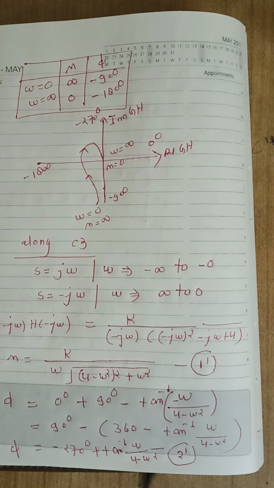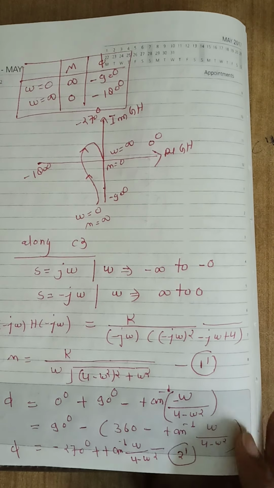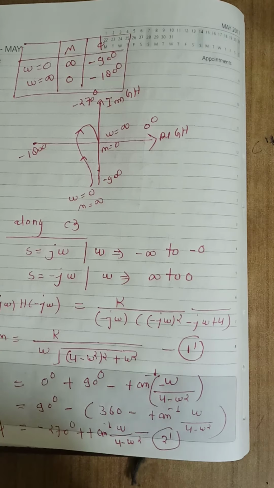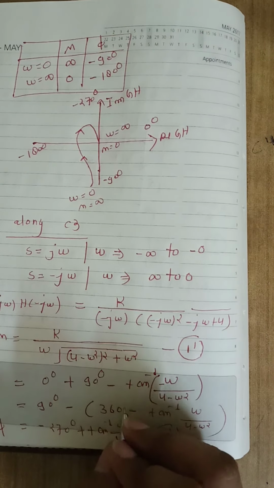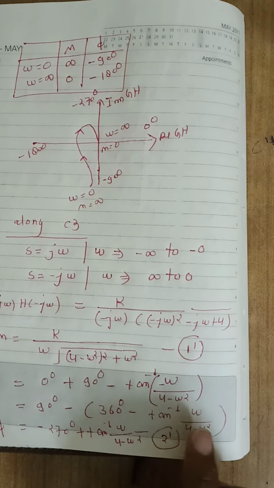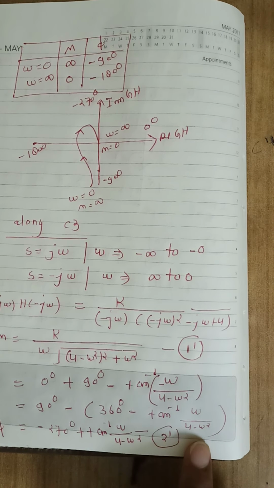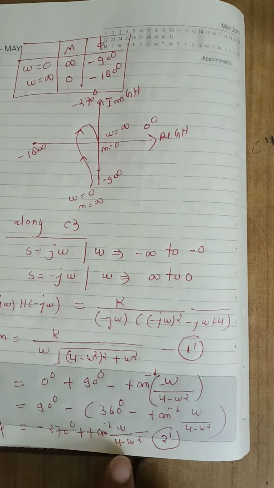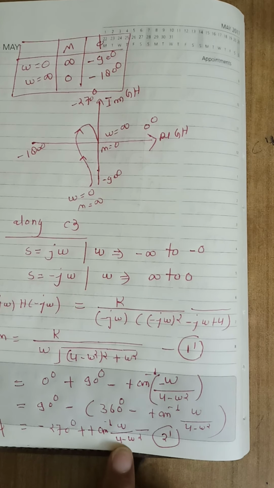Already I told you in previous numerical, that's why actual value of angle for second term becomes 360 degree minus tan inverse omega over 4 minus omega square. So phi becomes minus 270 degree plus tan inverse omega over 4 minus omega square.